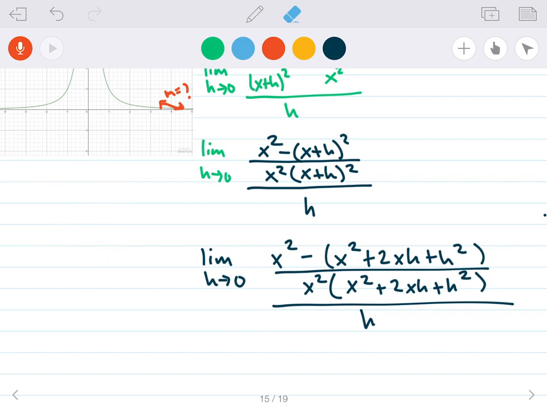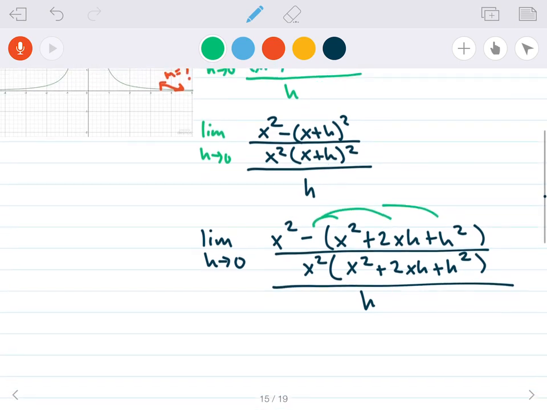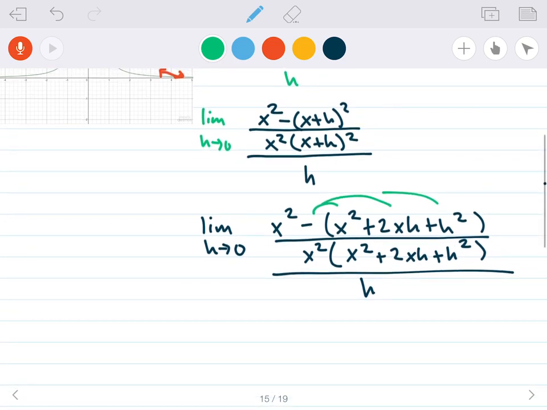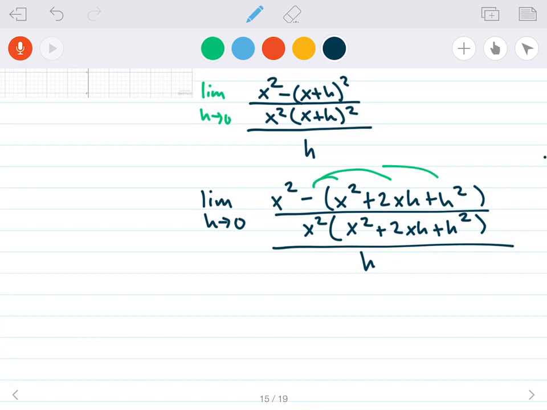Okay. Now I can distribute that minus sign, and let's see, what can I do from here? I'm not gonna distribute the bottom. Let's see if anything cancels out. So on top, I get x squared minus x squared. That cancels out. Right?